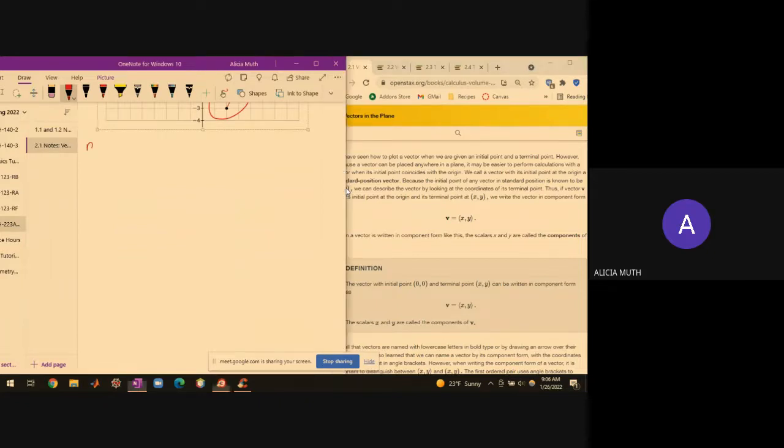So we call a vector with its initial point at the origin a standard position vector.